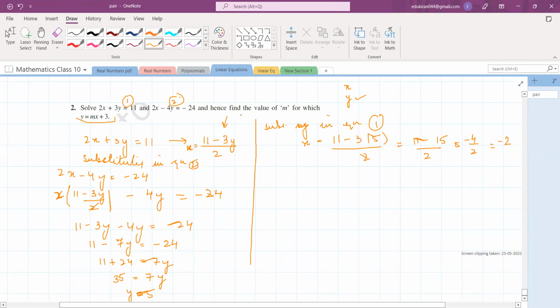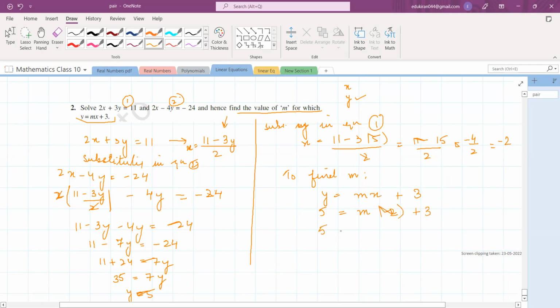Now you have to find the value of m in the question, for which y is equal to mx plus 3. So to find m, now y is equal to mx plus 3. So substitute the values of x and y here. Now y is 5 is equal to m into x, which is minus 2, and plus 3.